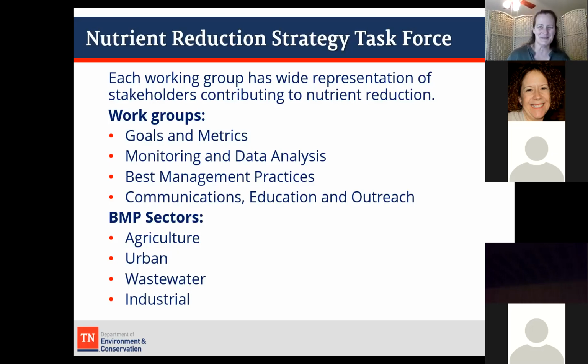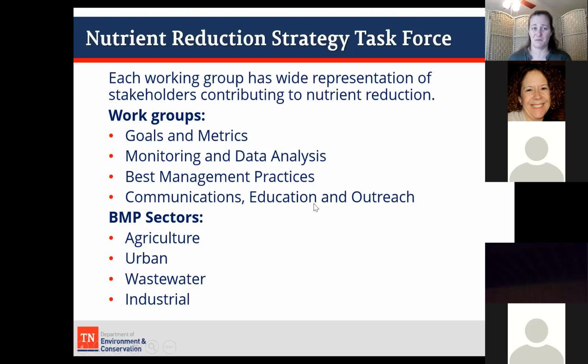And so we lost a little bit of traction in 2020, but we are trying to really re-engage. And a part of that re-engaging, you can see here on the slide, we have different work groups: goals and metrics, monitoring and data analysis, best management practices, and communication, education, and outreach.